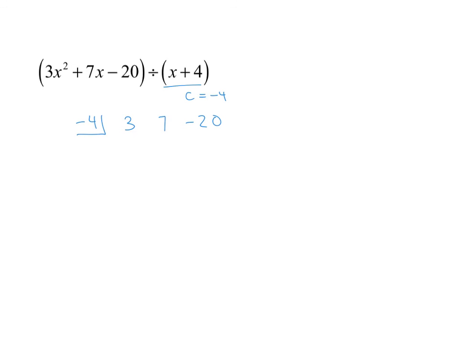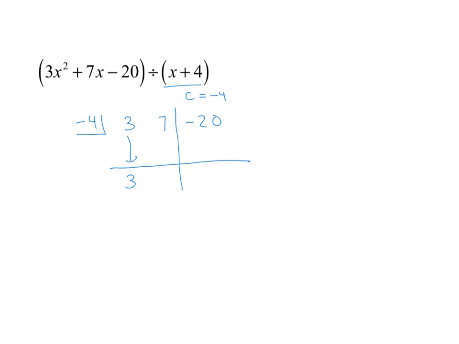And this time I wasn't missing any values. I didn't have to put in any zeros. Then I make a vertical line between my last two numbers, a horizontal line leaving a space for another row of numbers. I drop the 3, the first number after the box, down below the line.